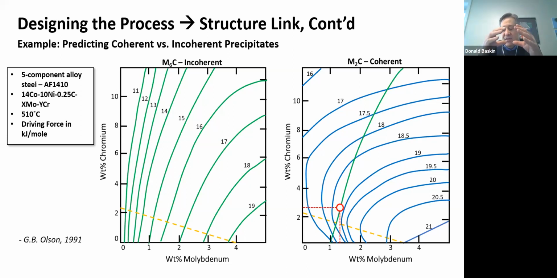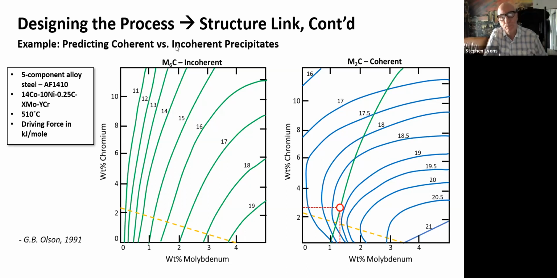You've engineered that processing to structure link to get the microstructure that's going to give you the highest strength to density ratio. See that, guys? Thumbs up, somebody, everybody? Okay. Steve? Yeah, I got it. Thumbs up.